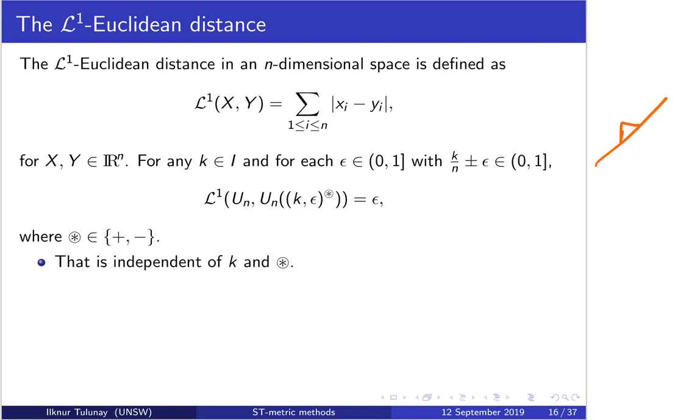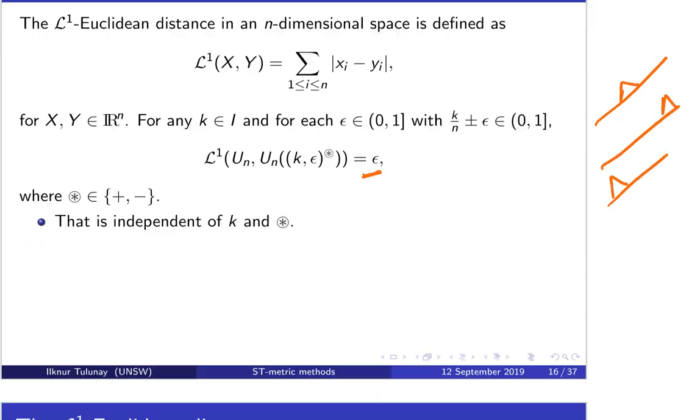Nothing different. It could be here, it could be here, or it could be here. It doesn't matter for the L1 Euclidean distance formula. It will always be epsilon. It's always epsilon for the Euclidean distance, but it's different for the ST metric.